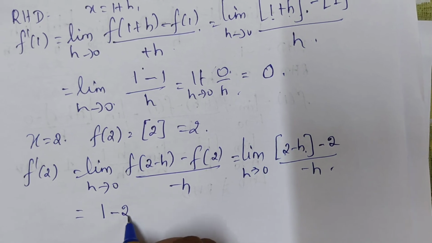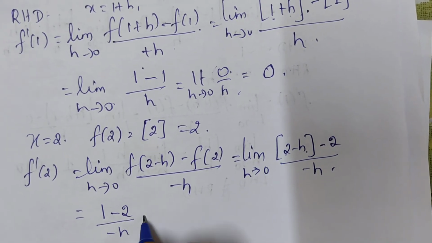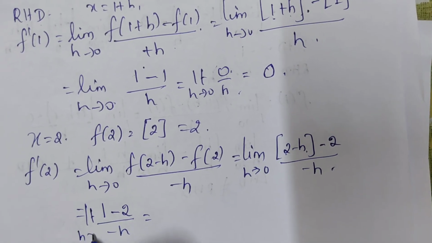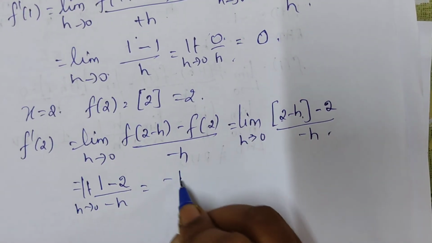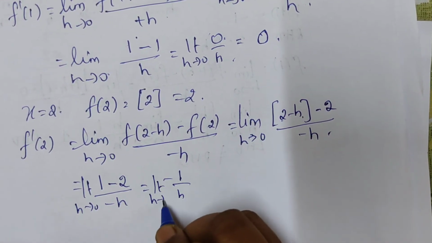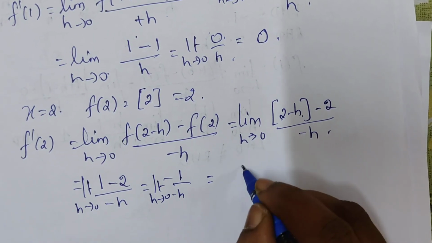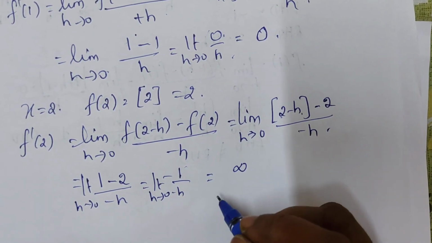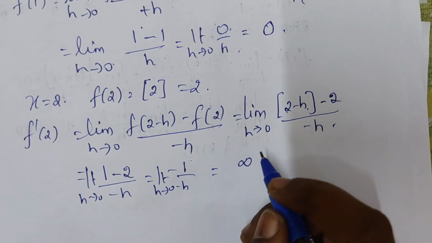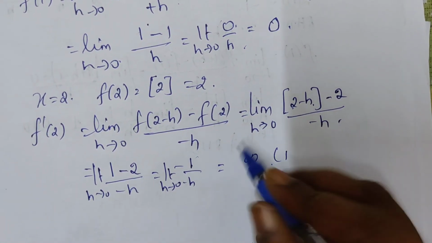So 1 minus 2 divided by minus h gives minus 1 by h. The limit as h tends to 0 is infinity, since the minus signs cancel. So the left hand derivative does not exist.